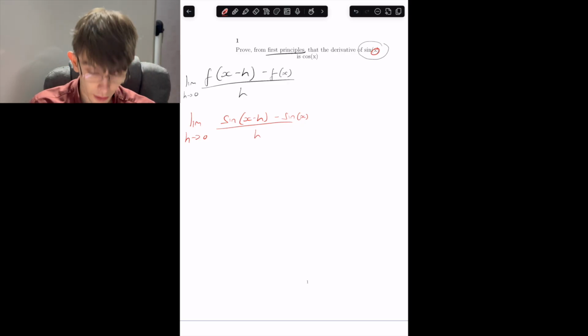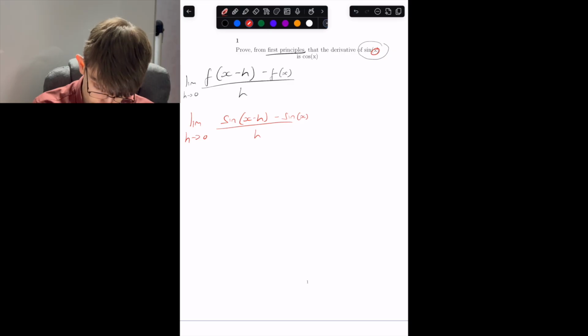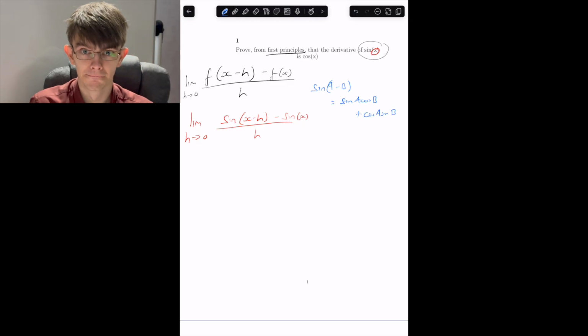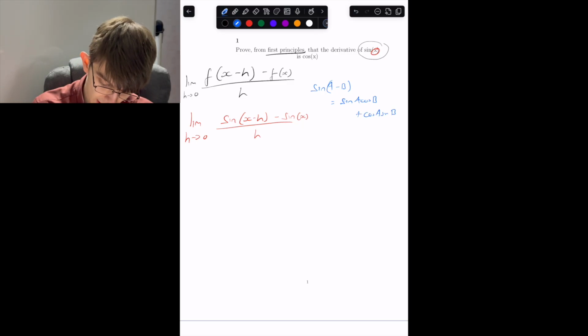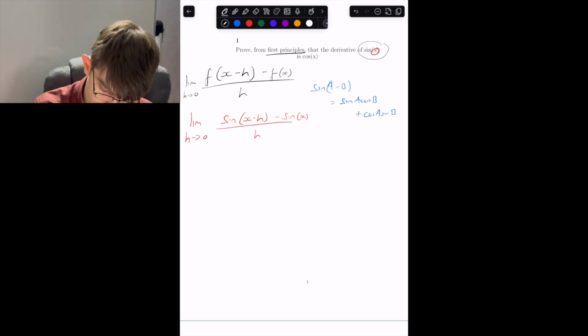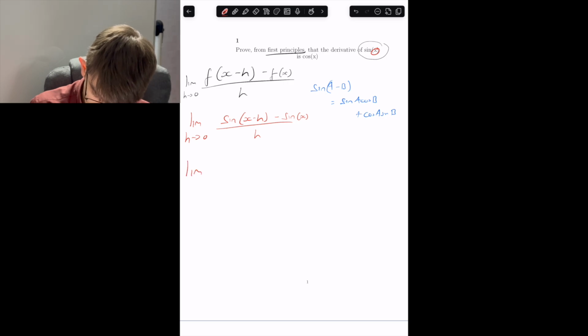Now, at this point, I'm going to want to use my addition formula. So if we remember, sine A minus B is equal to sine A cos B plus cos A sine B. So if I use that logic, but using x and h as my A and B, I'll keep the colours consistent, sorry, then I end up with that I have got sine x cos h, not cosh.